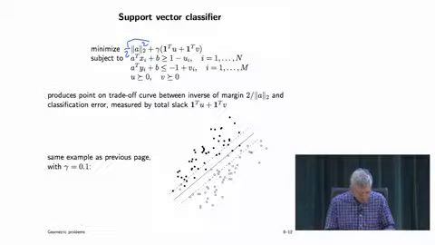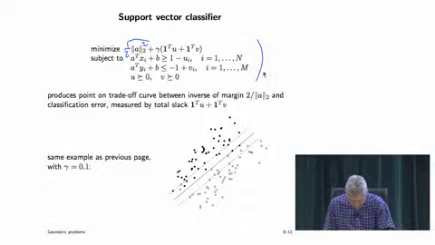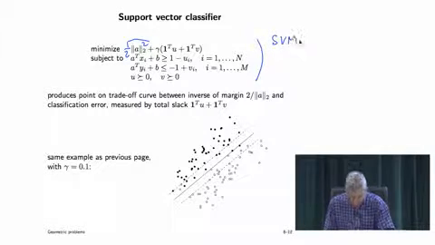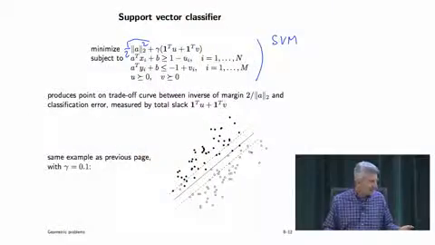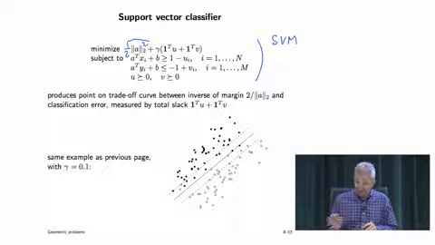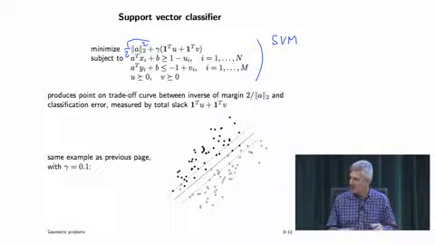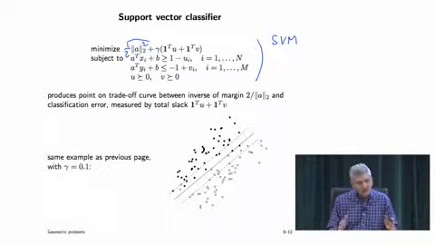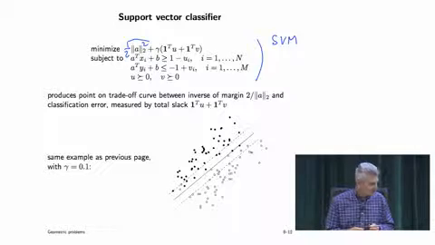This is given the name support vector machine. Here you have a parameter, and the parameter is very simple. It trades off, and I'll describe it geometrically. There are statistical interpretations of all of these, I'm not going to go into them, but there are. The geometric interpretation is quite beautiful.